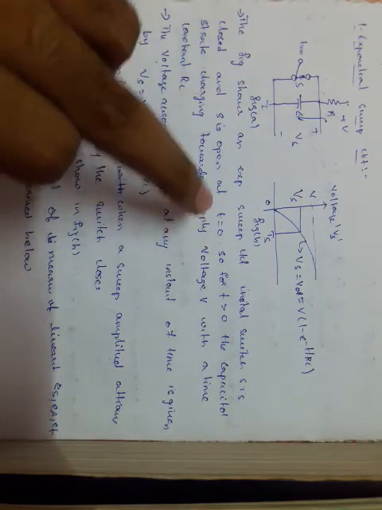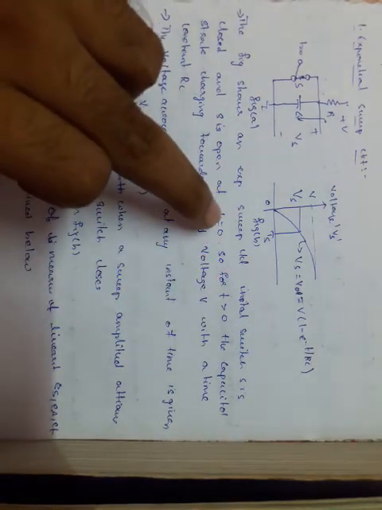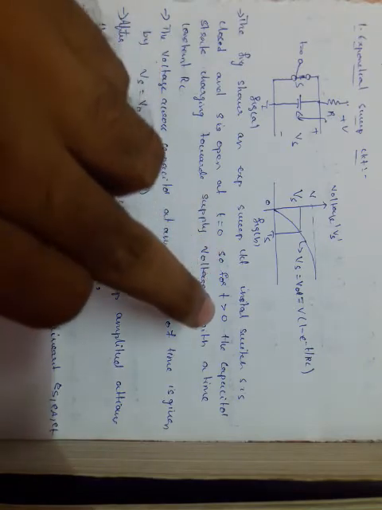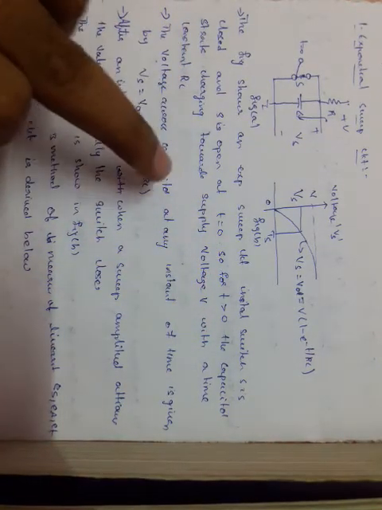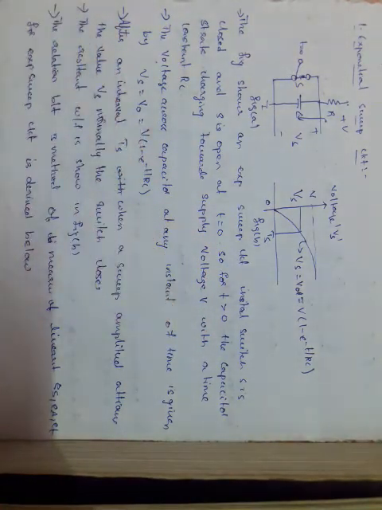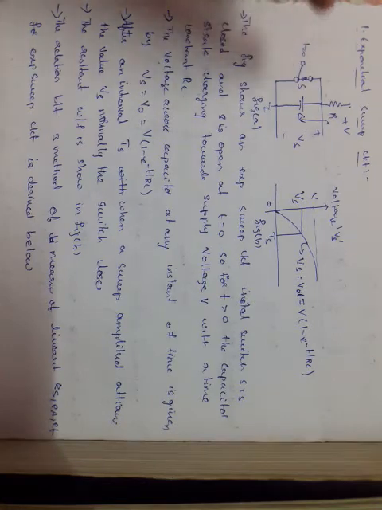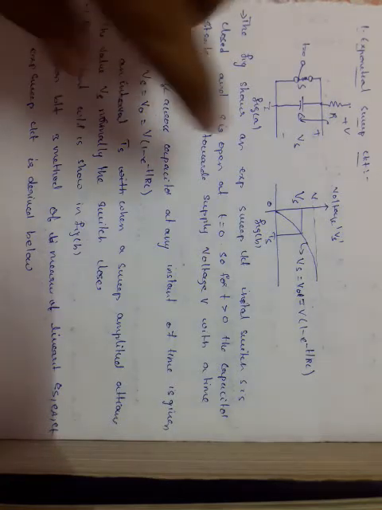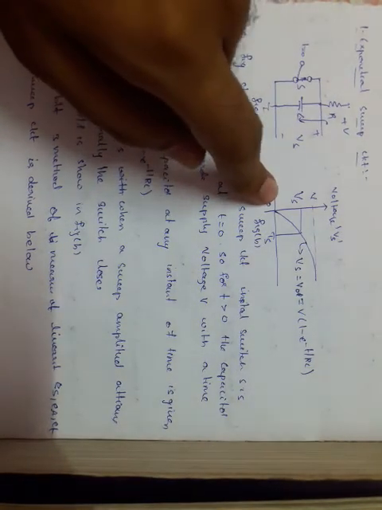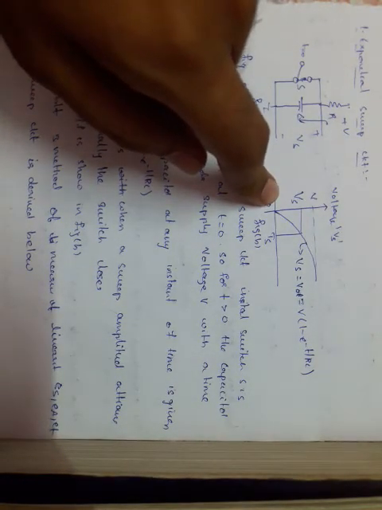Whenever the time t is greater than 0.1 second, the capacitor starts charging towards the supply voltage V with the time constant T equal to RC. So only when t is greater than 0 will the capacitor be charged, and then this type of waveform will be generated in the output.